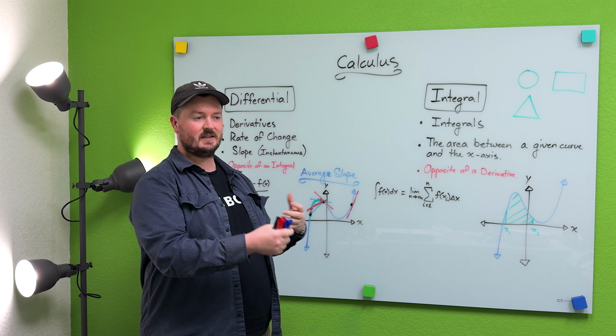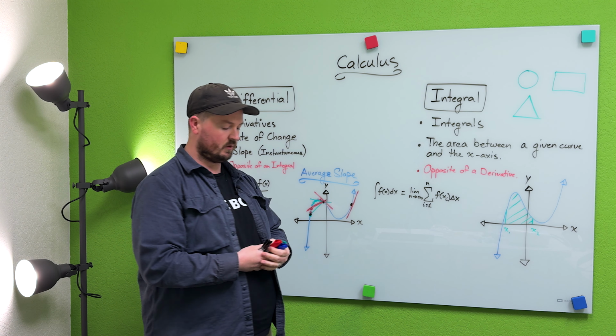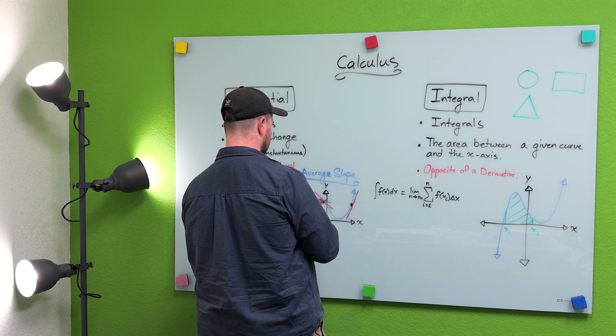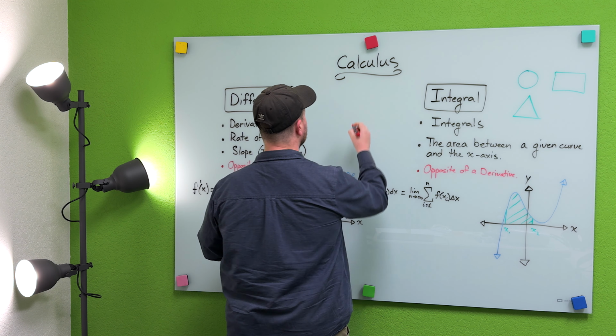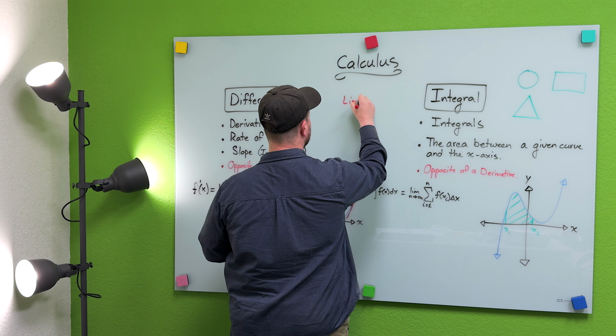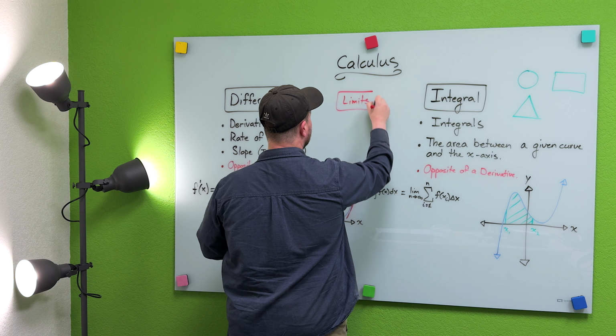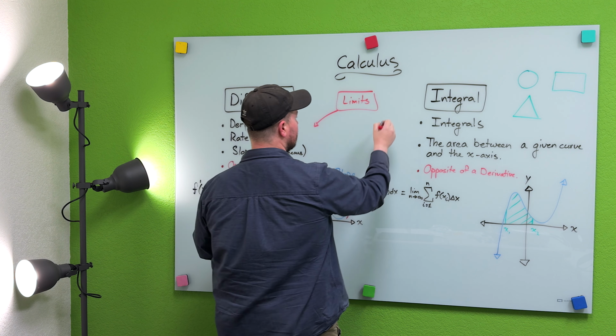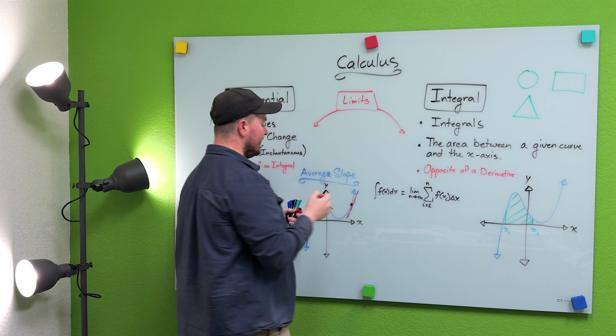Now, both sides of calculus are built on limits. So the things that you study in the beginning of calculus, which are limits, are extremely important because both a derivative is a limit and an integral is a limit.